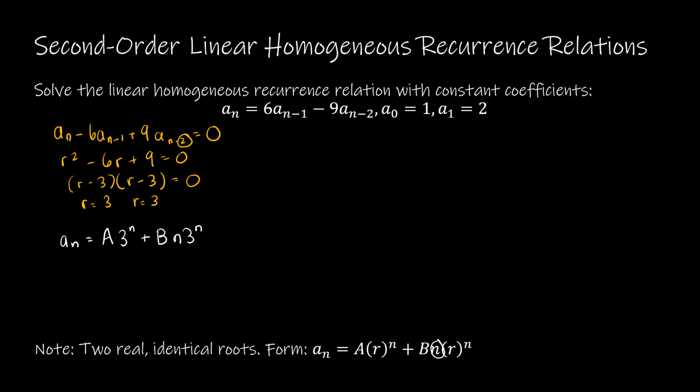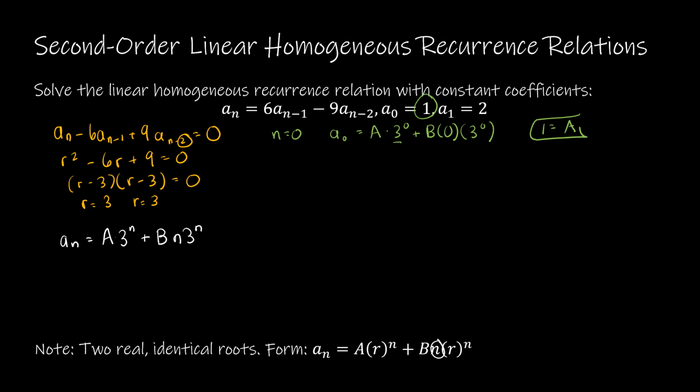So what I'm going to do is I'm going to let n equal 0. I'm going to replace a sub 0 with a times 3 to the 0 plus b times 0 times 3 to the 0. And you'll notice this is going to give me a sub 0 is 1. So 1 is equal to a times 1, so that's a, and then b times 0 times 1, which is 0.